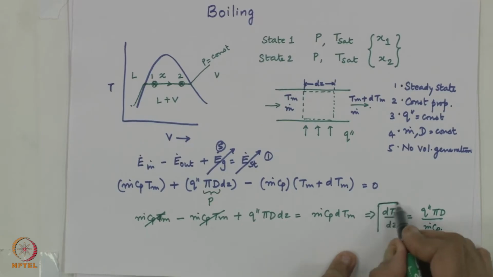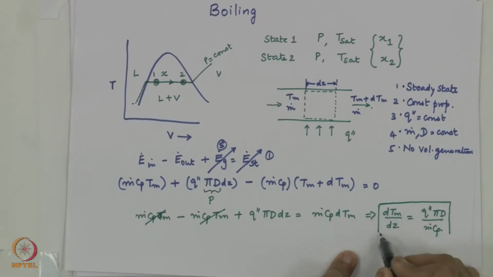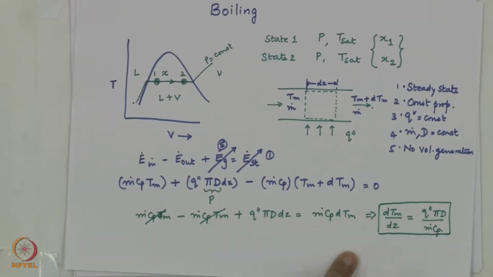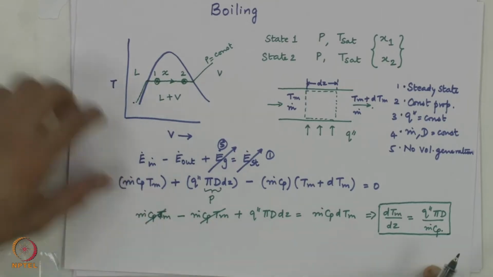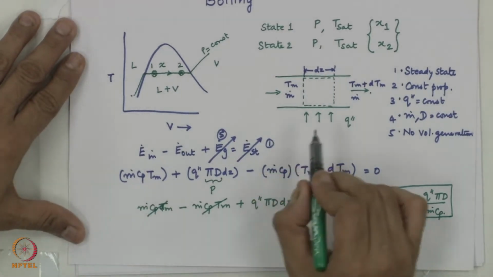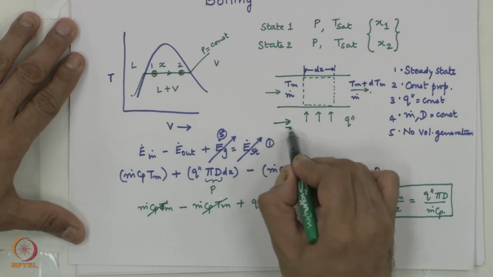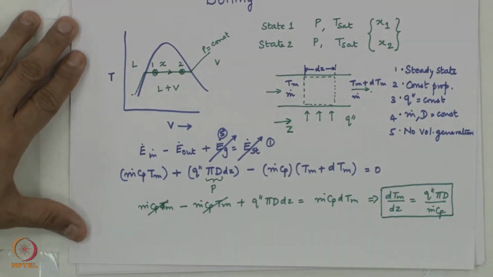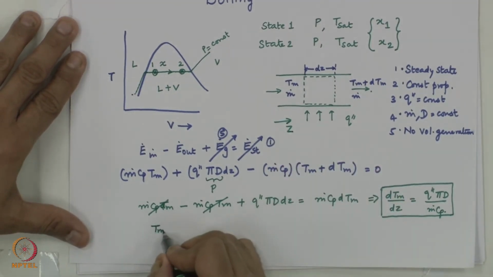So, this is a simple first order ordinary differential equation which tells me how temperature is going to vary along the length of the pipe or along the flow direction. This is my z direction, flow direction, and if I integrate this, I can just get a temperature.